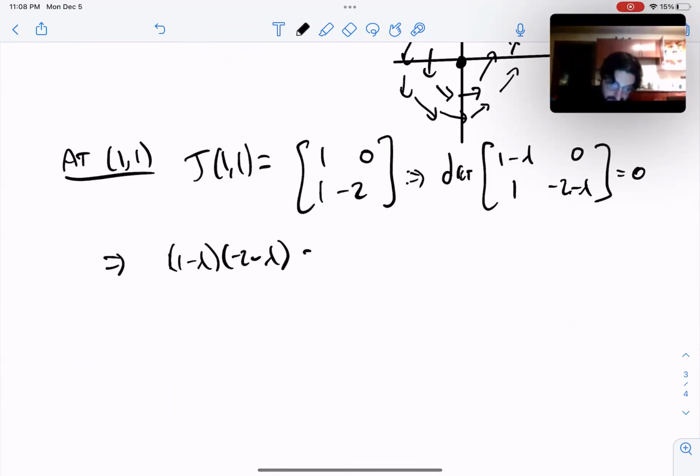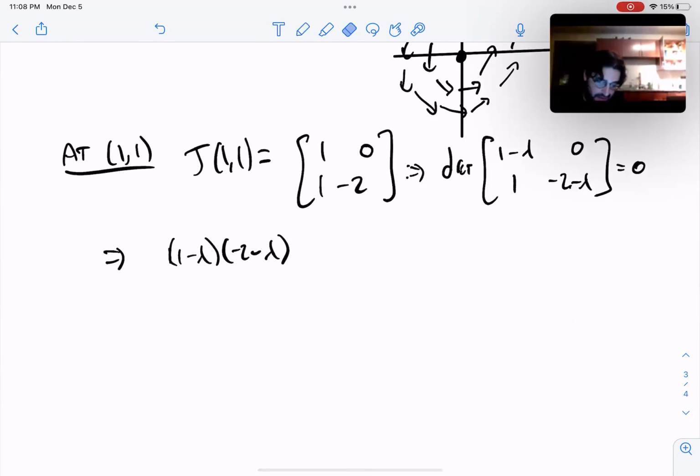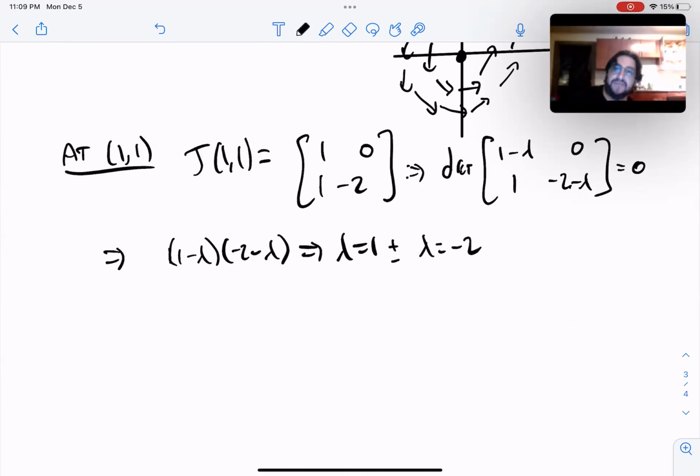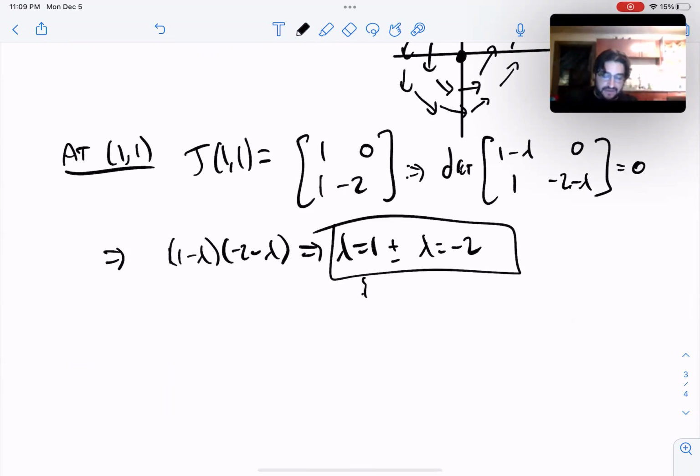The angle zeroes out. Here, I think lambda is 1 or minus 2. So then these are eigenvalues, and each of these will have an eigenvector, right?